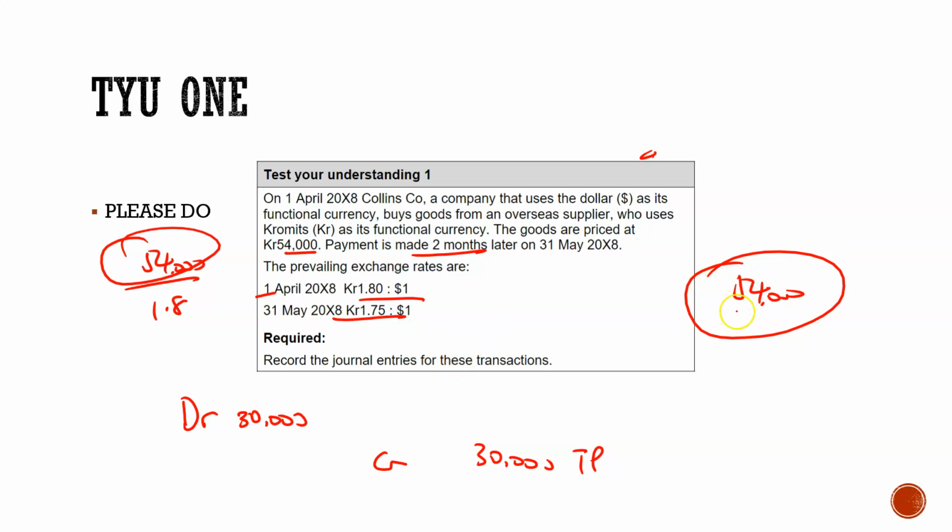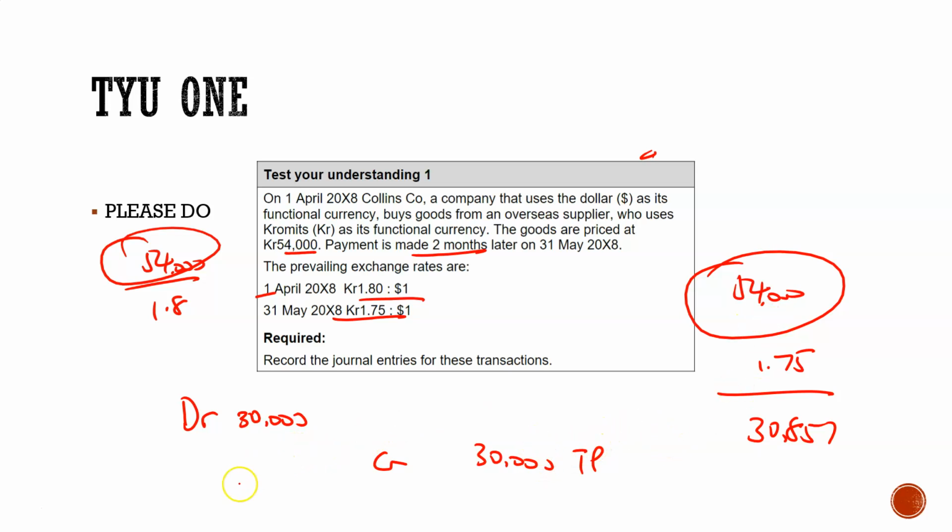You need to fork out 54,000 kromets, and the exchange rate is 1.75. You realize that at that exchange rate of 1.75, you need $30,857, but you're currently recognizing only 30 grand.